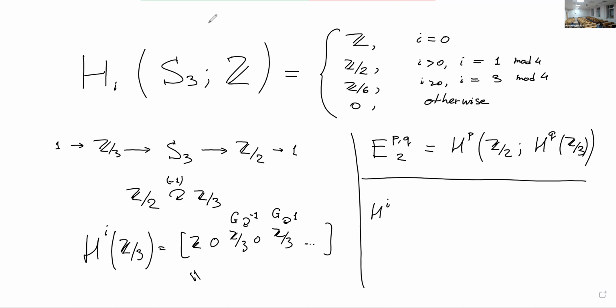Okay, but still this is something which is not very difficult to check directly.